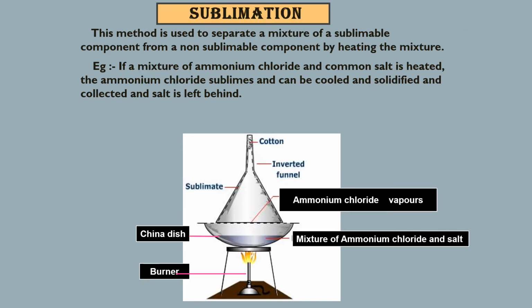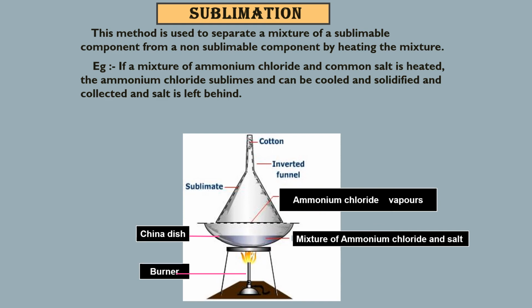Let us move on to the next method of separation, which is sublimation. Sublimation is a process where a solid gets converted into its vapor form without passing through the liquid form, or a vapor gets converted to its solid form without passing through the liquid form.